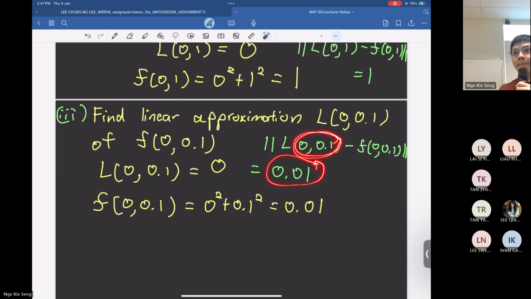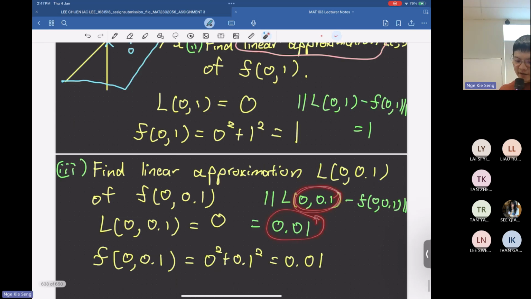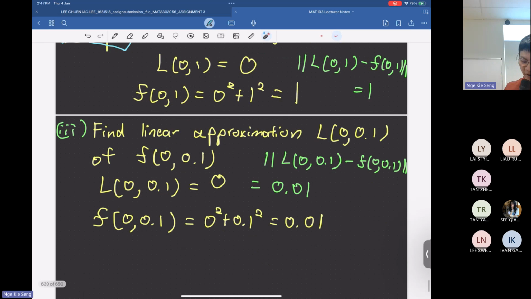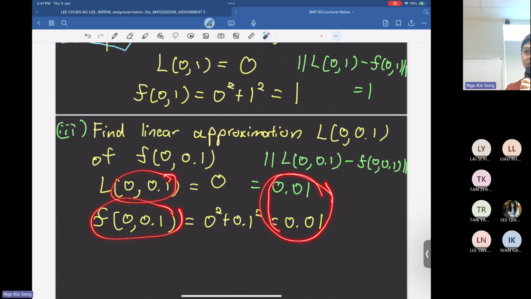Okay. But you can see that when the point gets closer to 0, 0, meaning delta x and delta y are getting smaller, the value of Lxy and Fxy will get closer and closer.